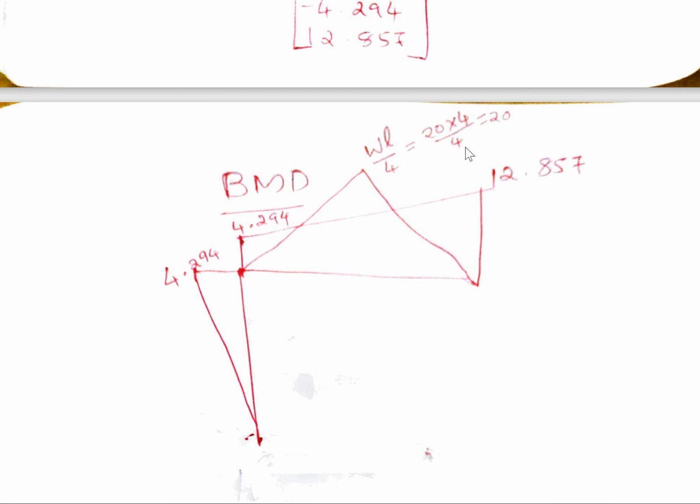So 20 into 4 by 4, 20 is the maximum value of free moment. And all the end moments are marked as ordinates at each joint and then joined by using straight lines.